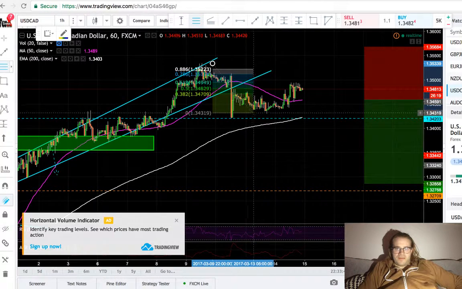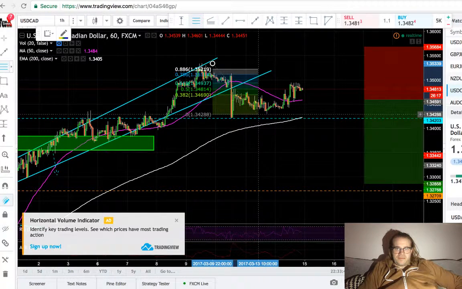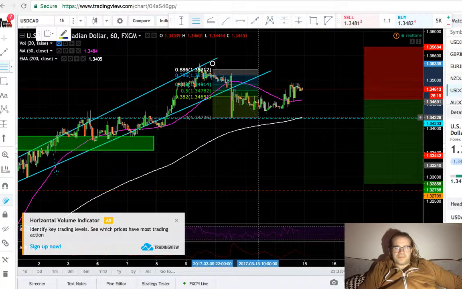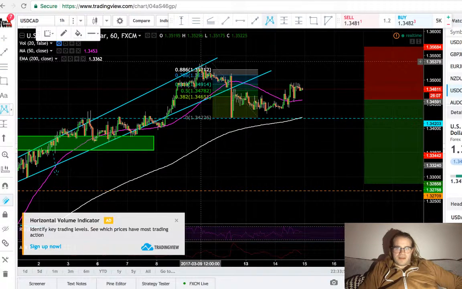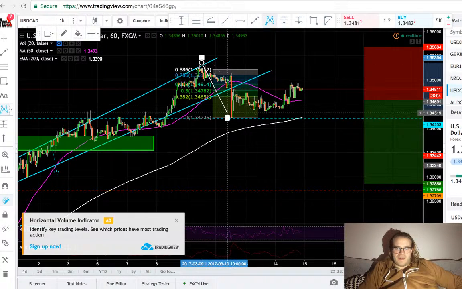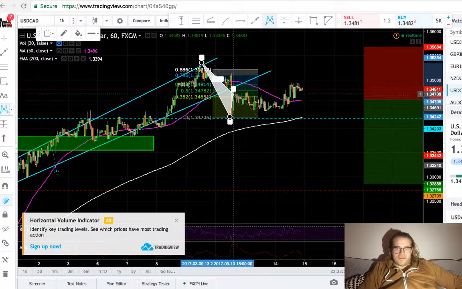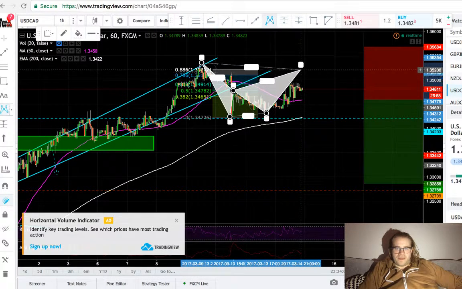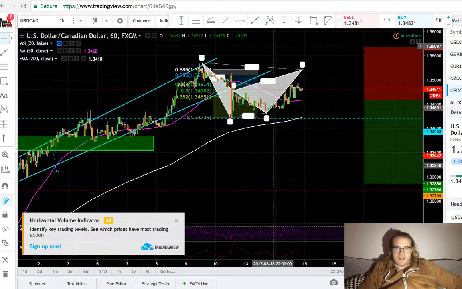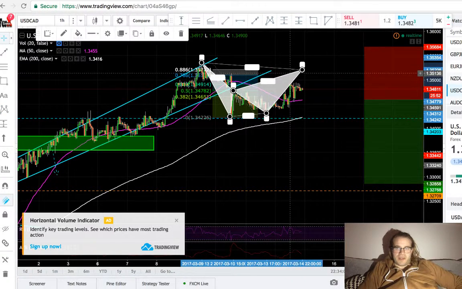Boom. It's pretty hard to see, but we do have a bat right here. So I actually would be pretty interested in shorting this.